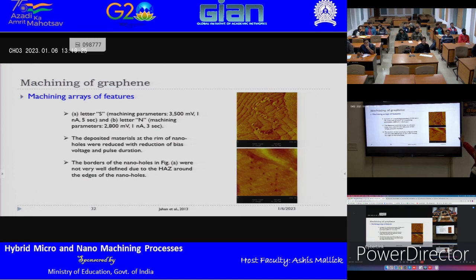And we found that there is definitely more material removal, but there is also heat affected zone and deposition. But when you reduce the bias voltage and also the pulse duration, it gives you more controlled machining, okay?